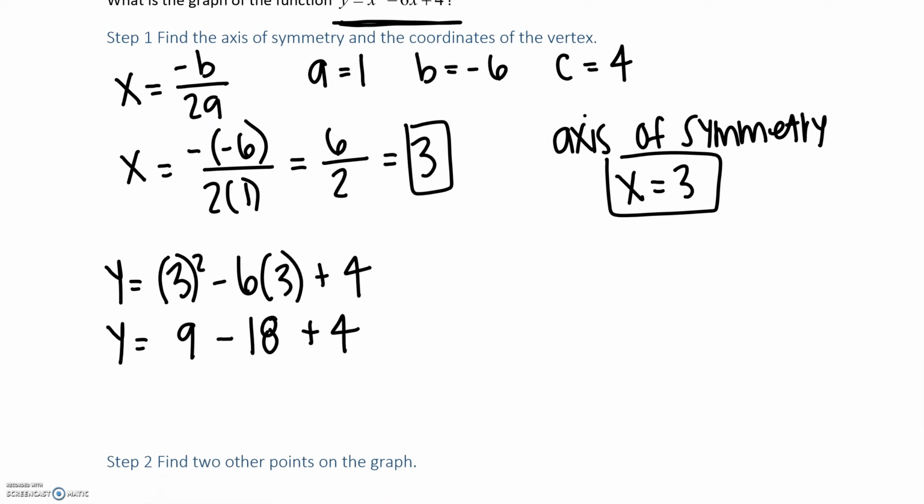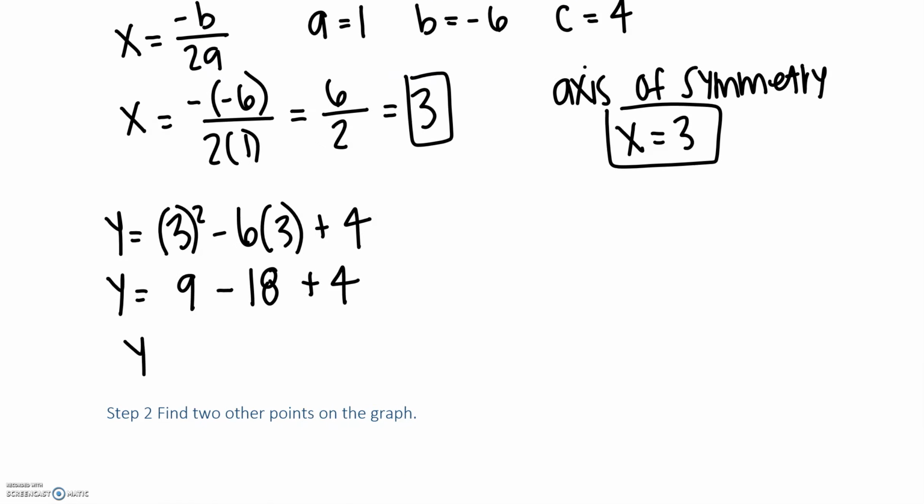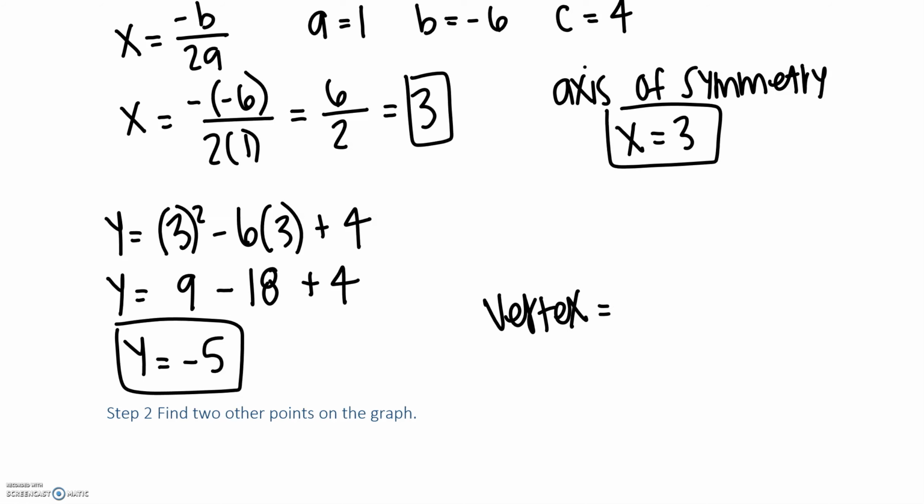If we simplify that, 9 minus 18 gives us negative 9, plus 4 gives us negative 5. Okay, so our y-coordinate is going to be negative 5. So since we have an x-coordinate and a y-coordinate, our vertex equals (3, -5), okay?